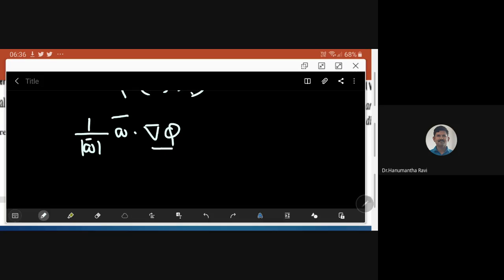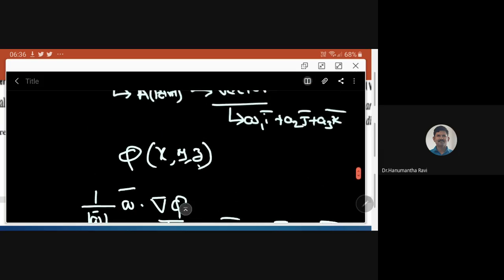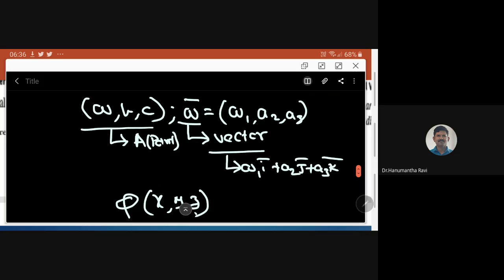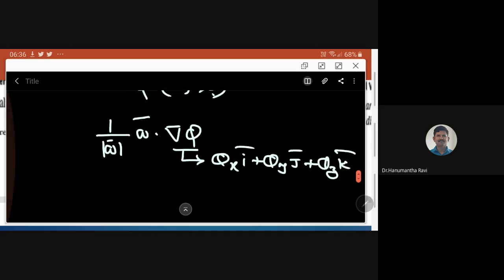So what is this grad phi? We know that grad phi is phi x i bar plus phi y j bar plus phi z k bar. And your a bar is a1 i bar plus a2 j bar plus a3 k bar.